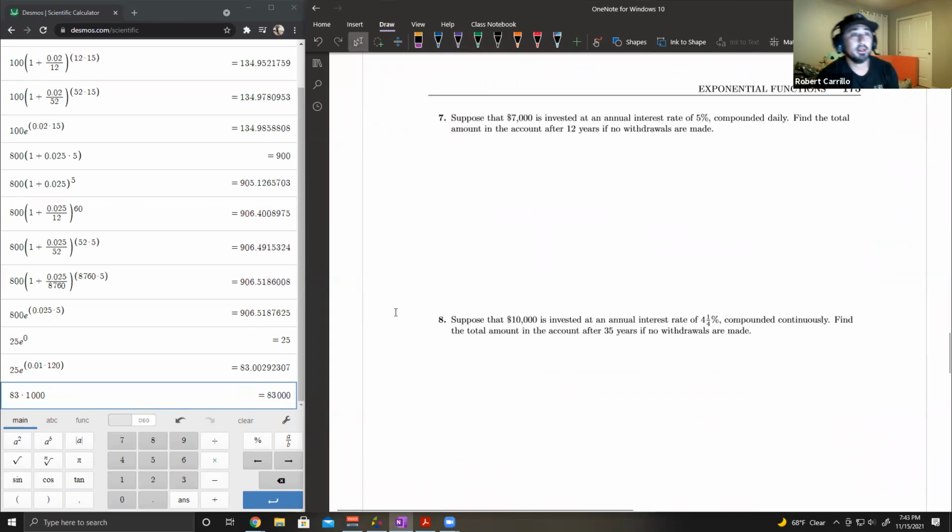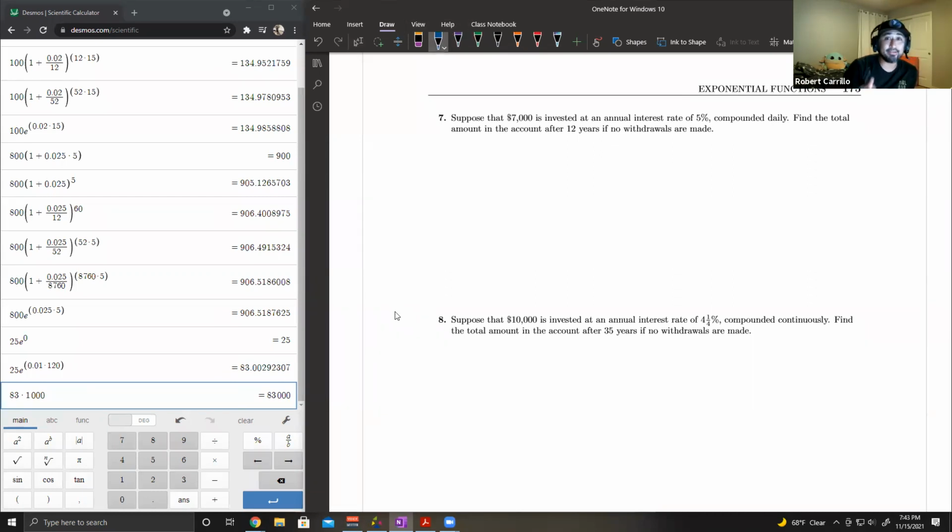All right. 7. Suppose that $7,000 is invested at an annual interest rate of 5% compounded daily. Find the total amount in the account after 12 years if no withdrawals are made. So this will use the compound interest formula.